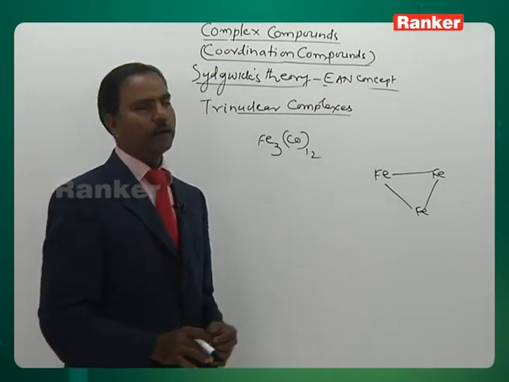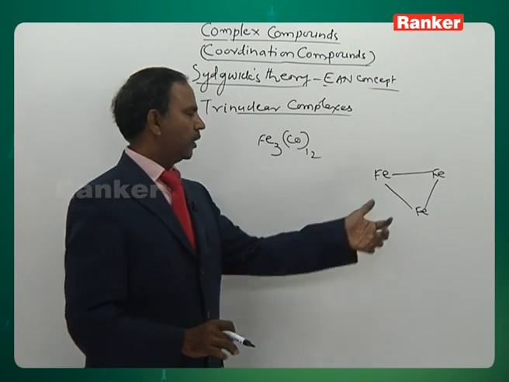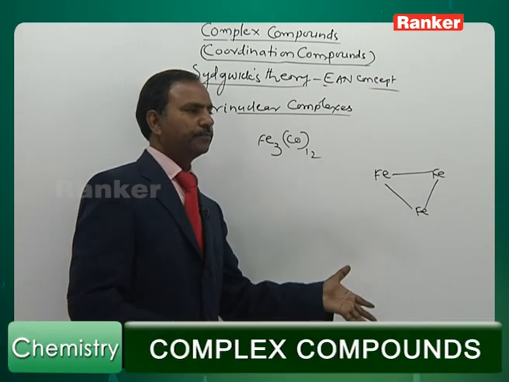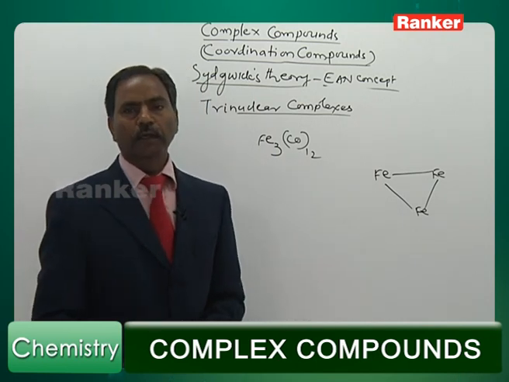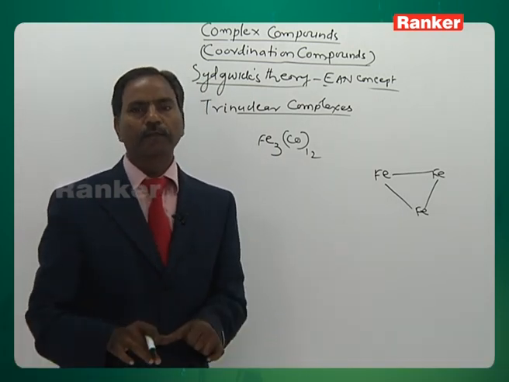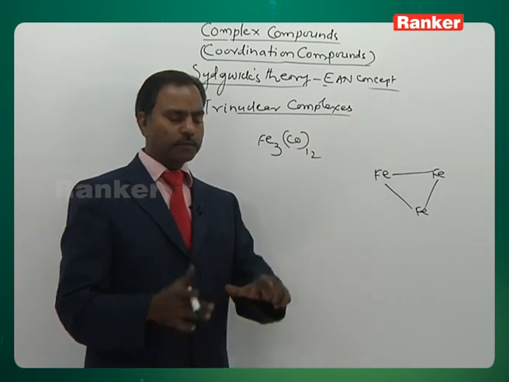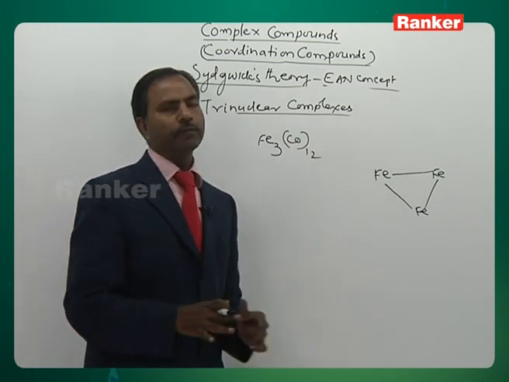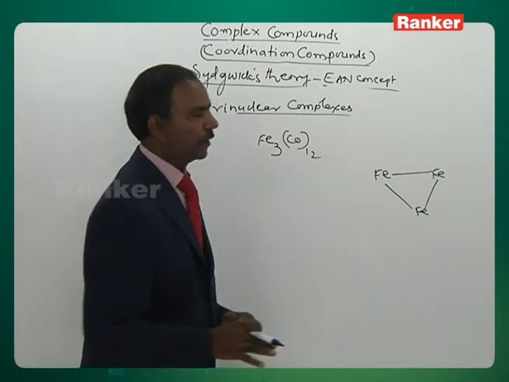And we are clearly observing that between these 3 metal atoms, 3 metal bonds are there. In the previous case, in a binuclear complex, only 1 metal to metal bond is there. But here 3 metal atoms are interlinked by a trigonal geometry, so 3 metal bonds are there.